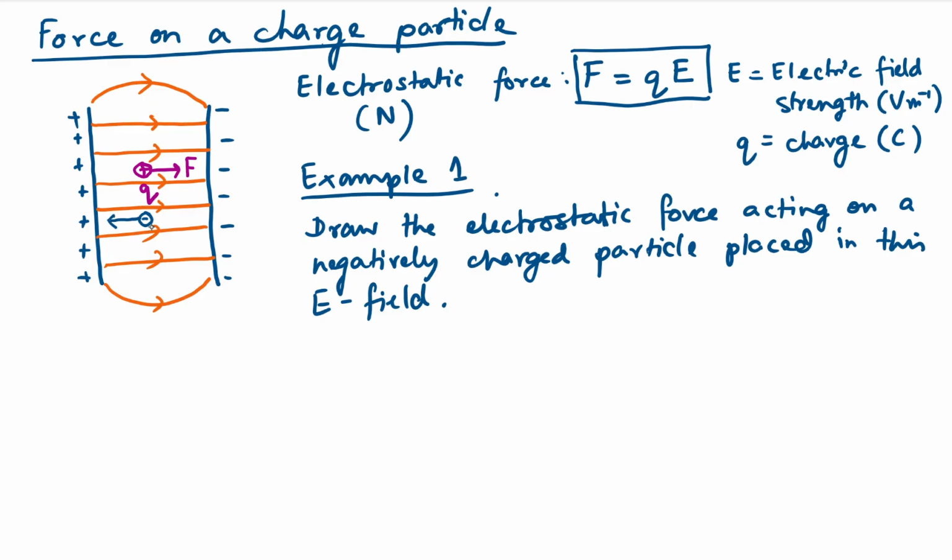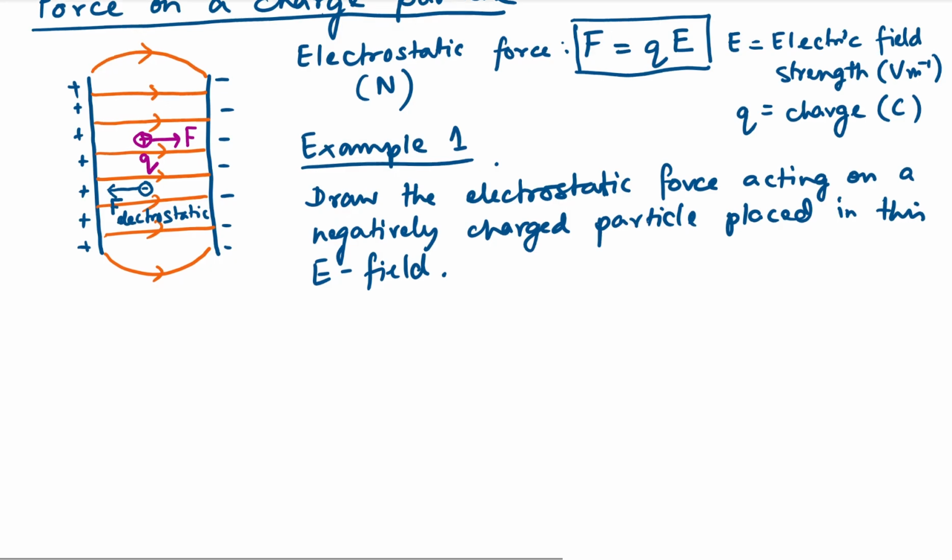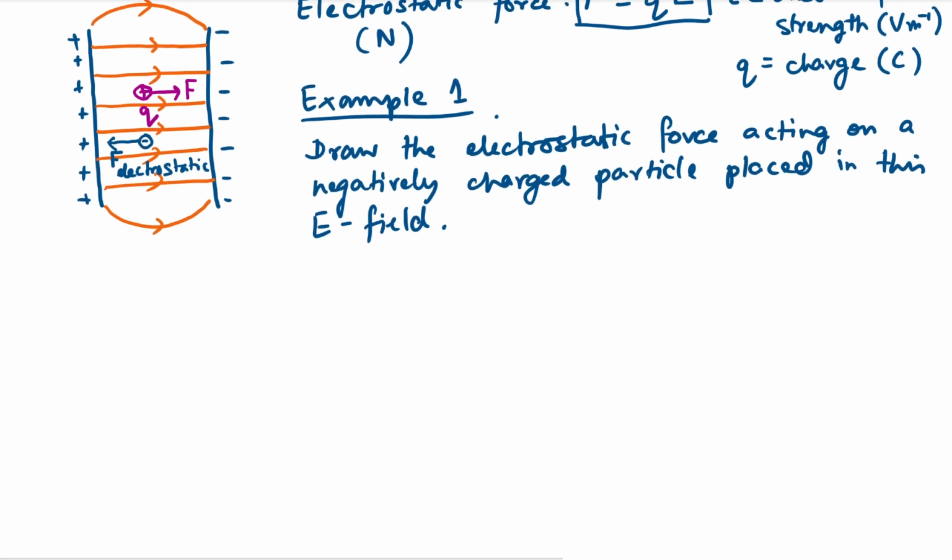So overall there will be a net force acting to the left. That's why we have drawn an arrow, labeled it with F to show that it's a force we are talking about. And I think it would be a good idea to also mention that it's the electrostatic force acting on the charged particle. So that's our first example, drawing the electrostatic force acting on the charged particle.